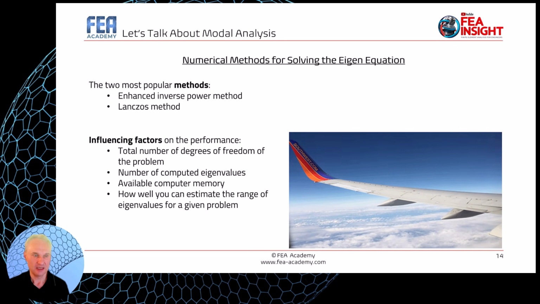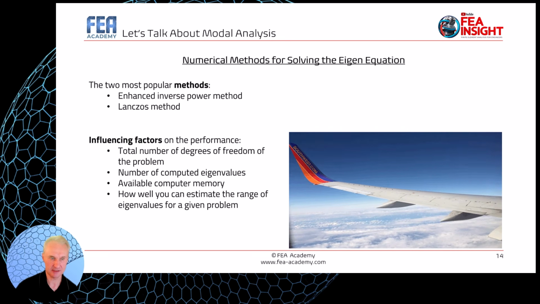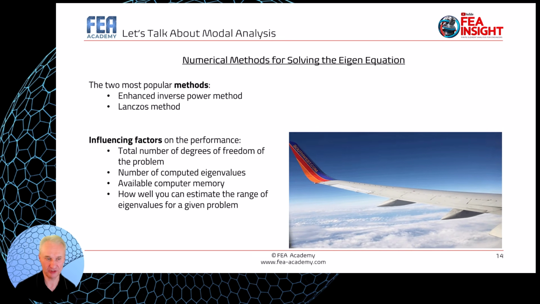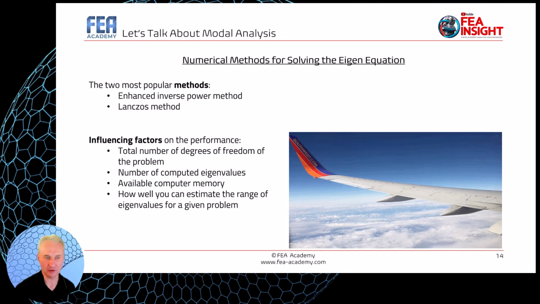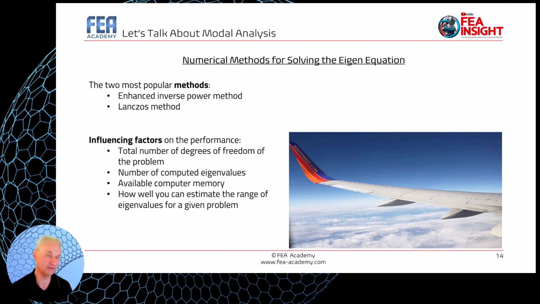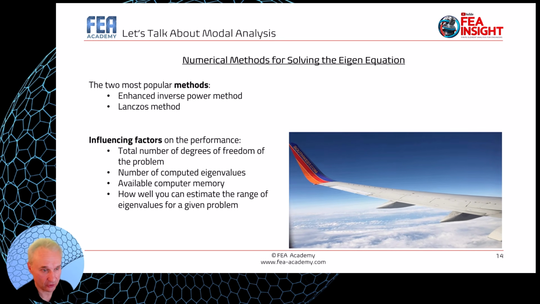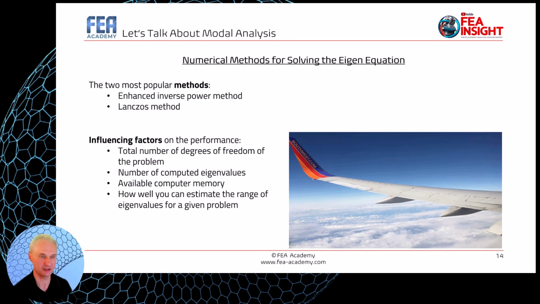The influencing factors on the performance of the computation are the total number of degrees of freedom of the problem. Obviously, the more degrees of freedom you have, the longer it takes to compute the equations.